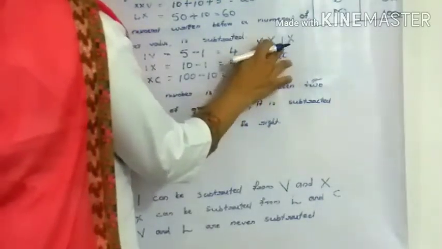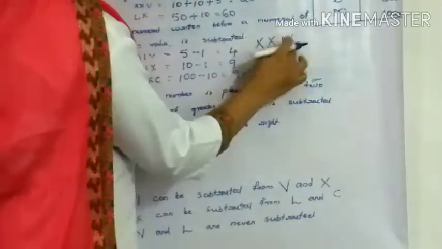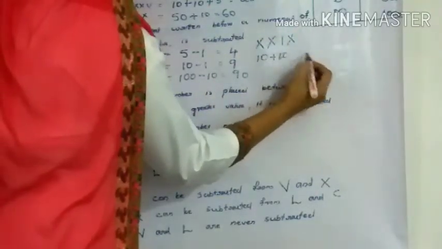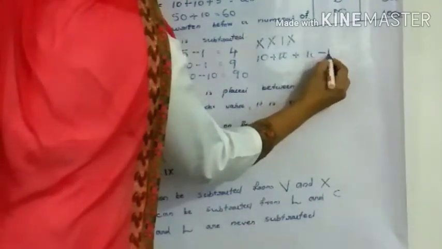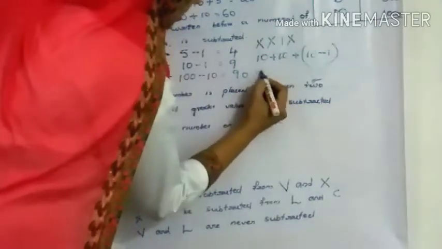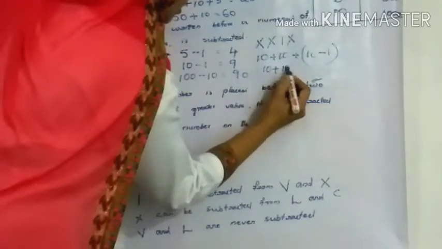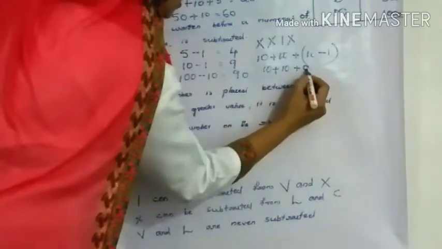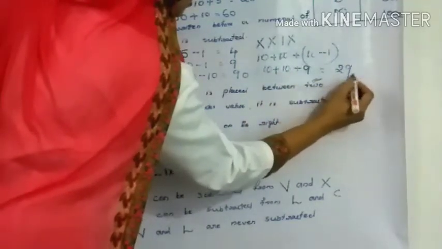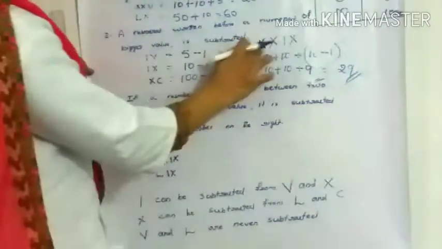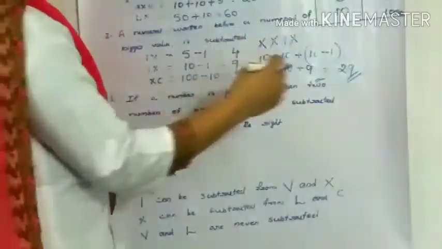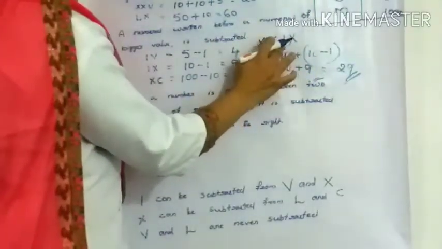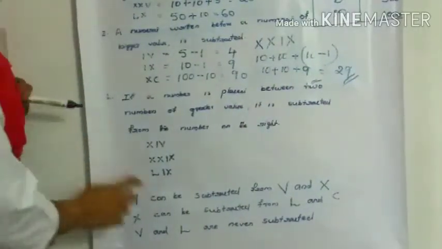Then this one is less than the next number, so that means 10 minus 1, 9. That is 29. These two represent 10 plus 10, and then this one we can subtract from the right side, that is 10 minus 1. That is 29.